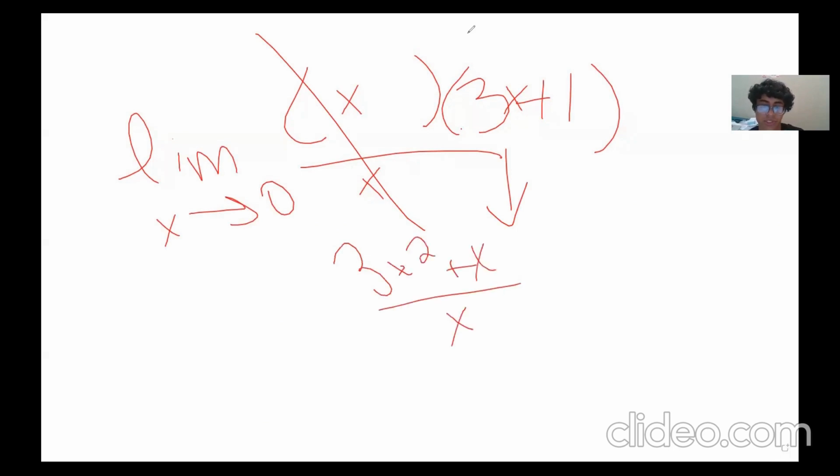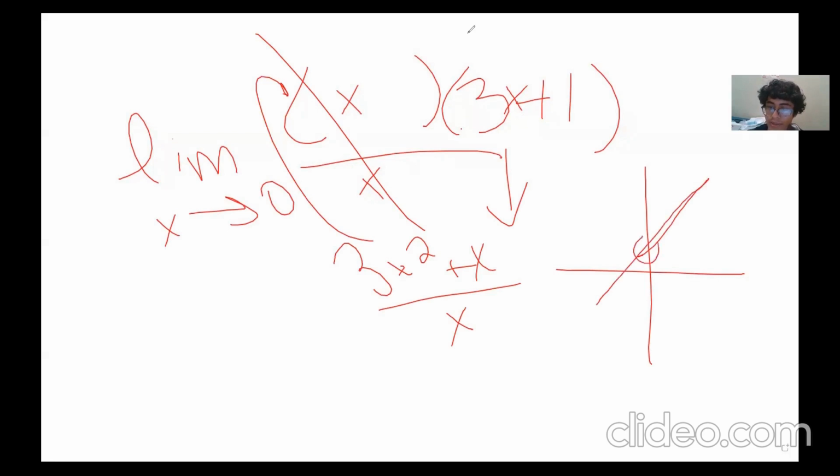This was the original function that I just undid for this step. This is where this came from. This would be a function that looks like this with a hole at 0.